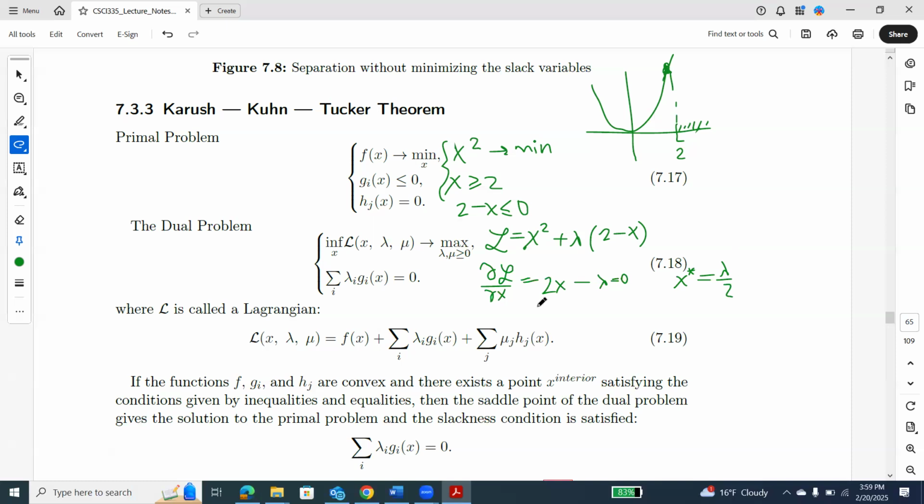Then we substitute this x into our Lagrange function. So it will be lambda squared over 4 plus 2 lambda minus lambda times lambda over 2, which gives us minus lambda squared over 4 plus 2 lambda.